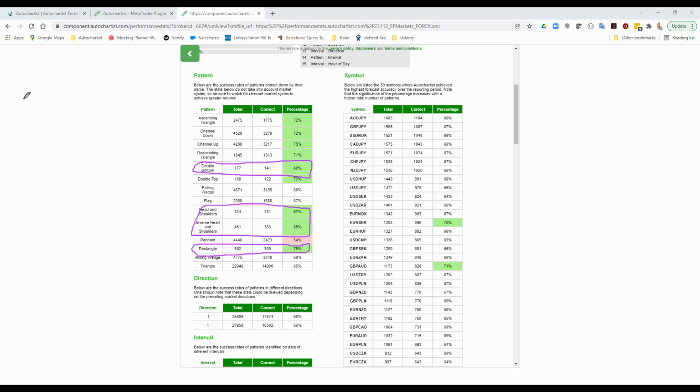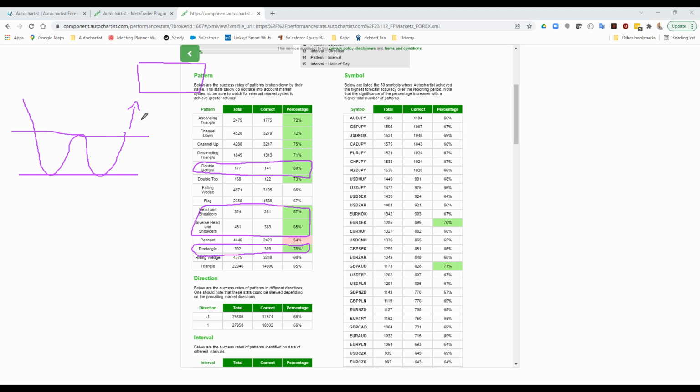Let me draw it for you. This is what a double bottom looks like. Okay, double bottom, there was a breakout, there was a forecast in the bullish direction, and we have a target region. Now, this 80%, let me change the color of my pen, let's make it blue.